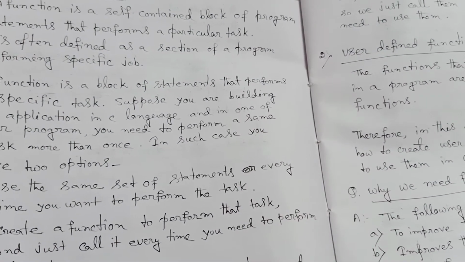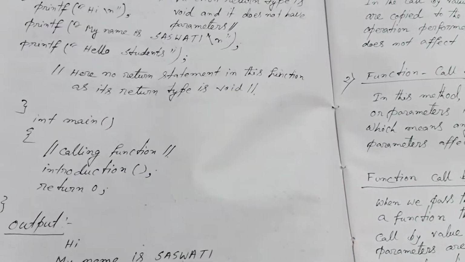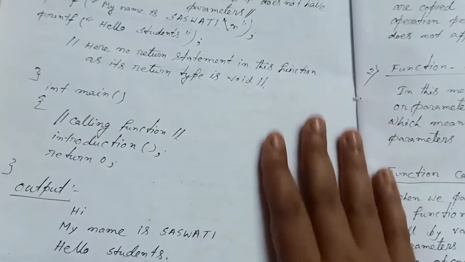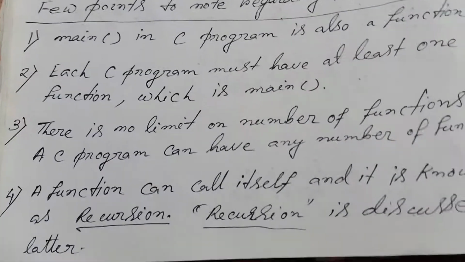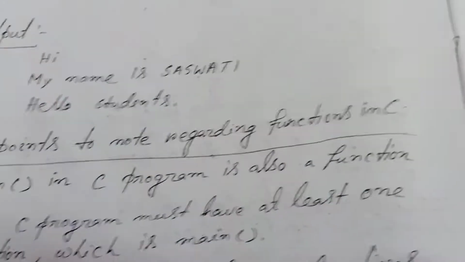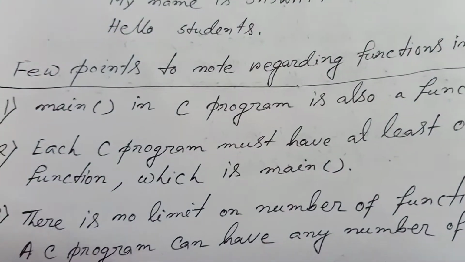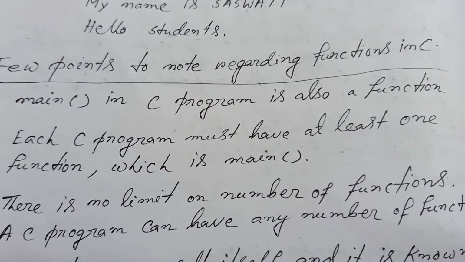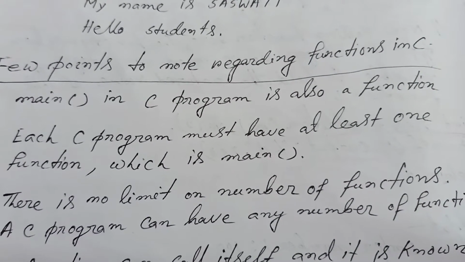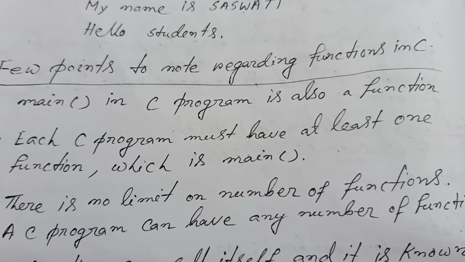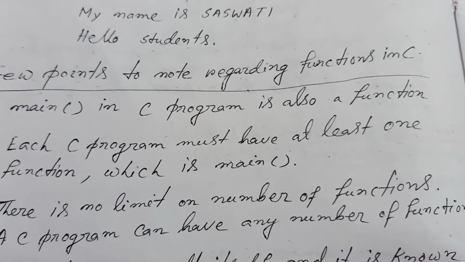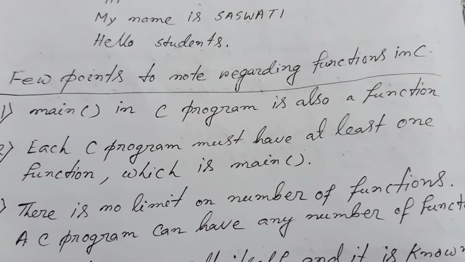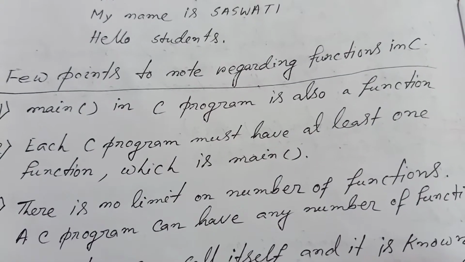Before we go to the next part of function, we have to look at some points to note regarding function in C. What are the points?